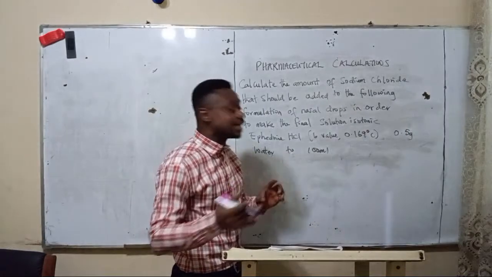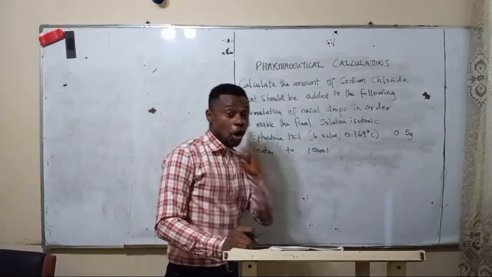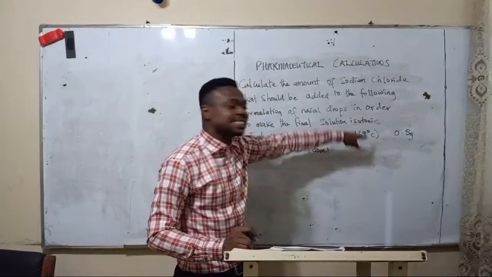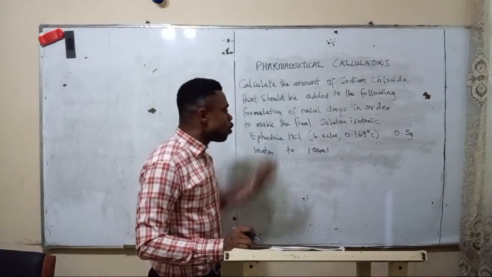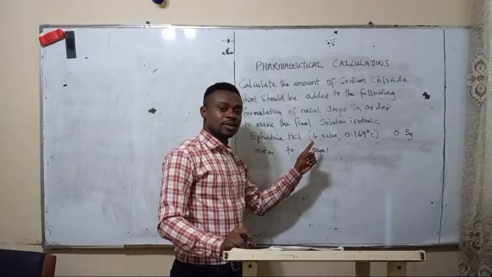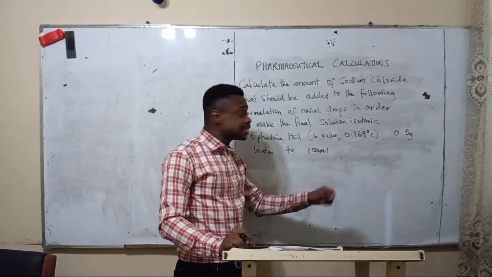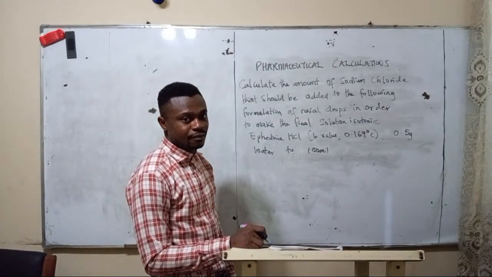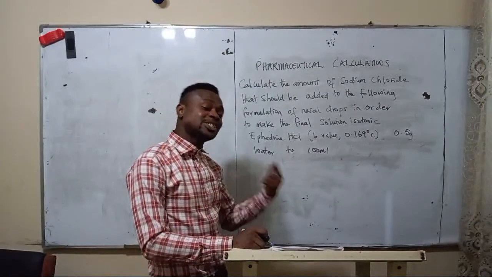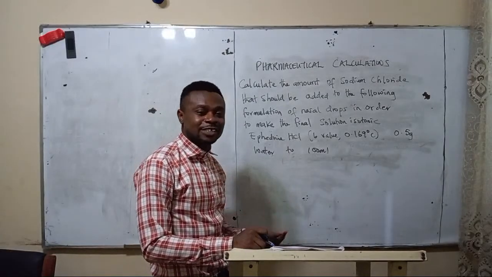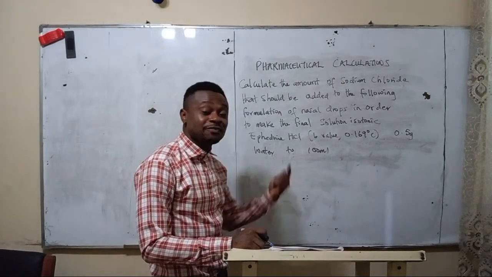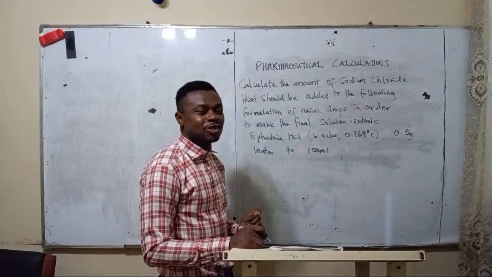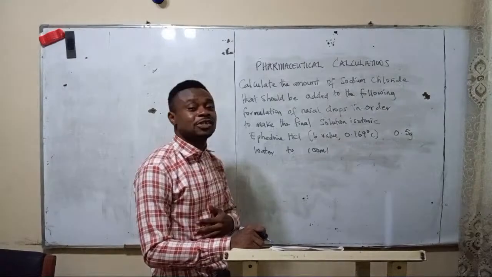If you don't want to use that, you can fall back on the B value, the freezing point depression caused by 1% weight in volume of that substance. 0.169 degrees Celsius implies that 1% weight in volume of ephedrine hydrochloride has that effect. And it has been discovered that the B value of sodium chloride is 0.576, caused by 1% weight in volume of sodium chloride.